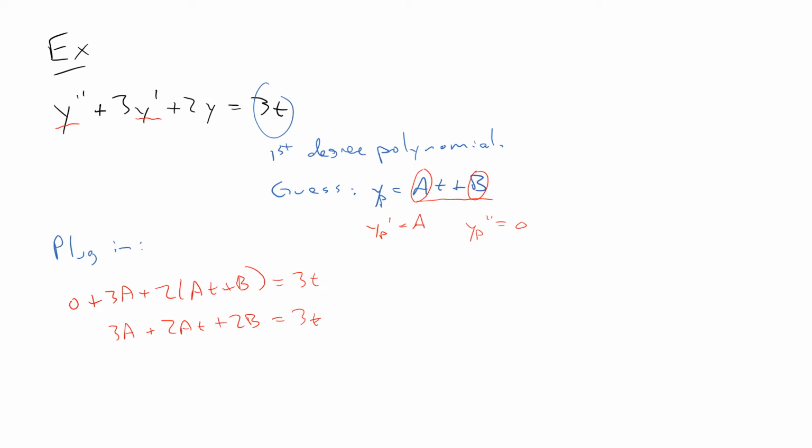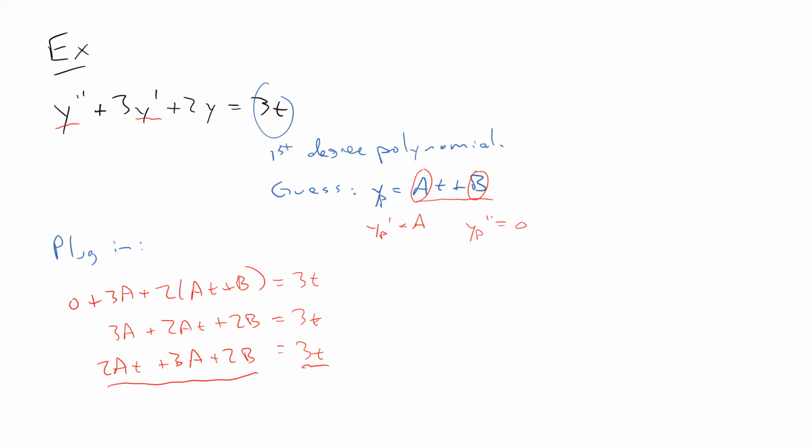So I've got 2at plus 3a plus 2b equals 3t. This is kind of a simplified version of some things you could run into, but the basic idea is that when you have a polynomial on the left-hand side being matched up to a polynomial on the right-hand side, those polynomials can only be equal if the coefficients match each other.